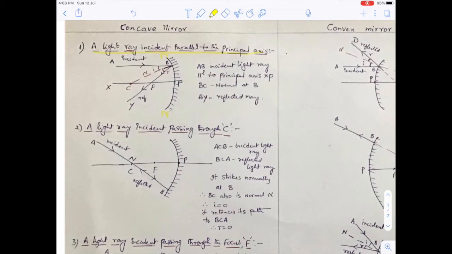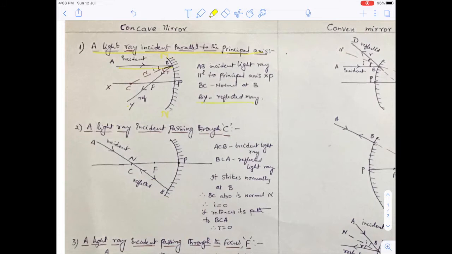Now a ray parallel to the principal axis is, let us say, AB, like this, and when it is incident on the surface of the mirror at the point B, it gets reflected along BY.